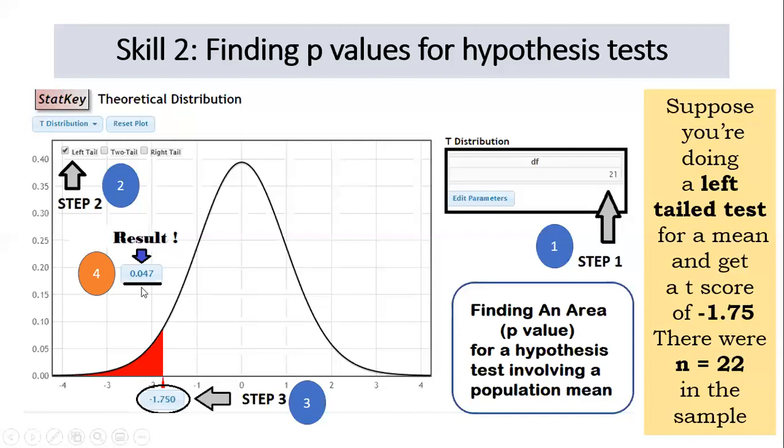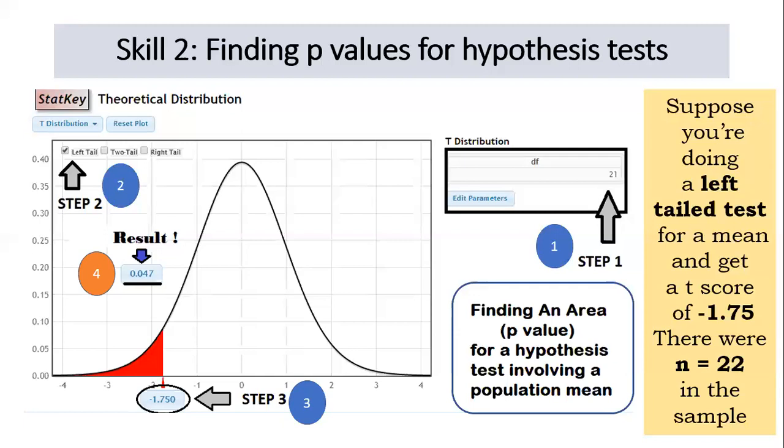That area underneath the curve would then be interpreted as the p-value for my hypothesis test. In this particular case, we have a p-value of 0.047. That's going to be significant at the 5% level and also the 10% level.